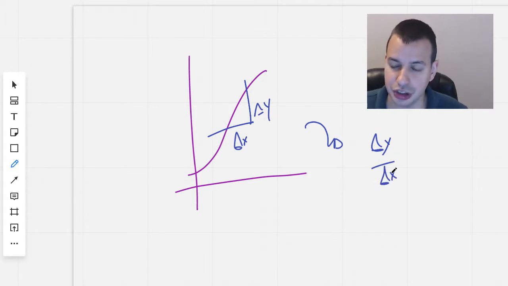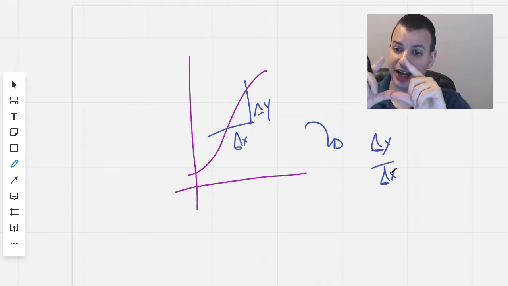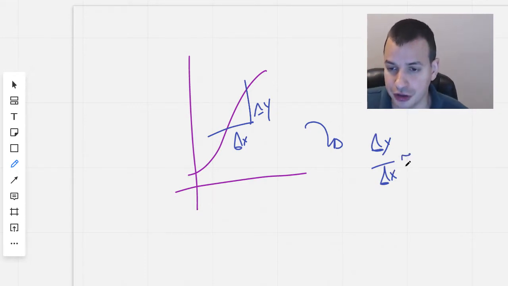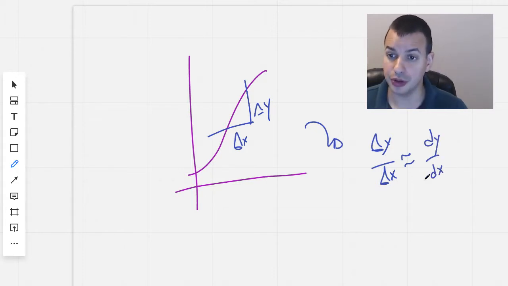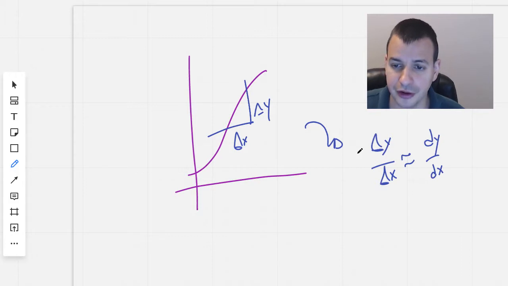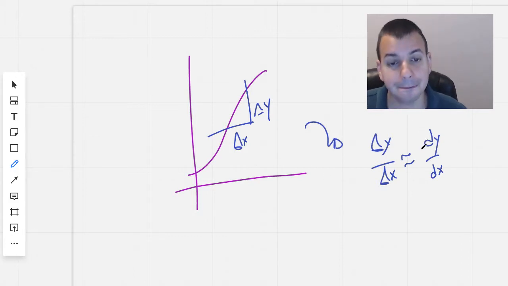And I used delta to show that it's a small finite amount. Usually when you convert this over to dy dx, which is the more formal derivative, this d basically represents an infinitesimal amount. So finite, infinitesimal, small.